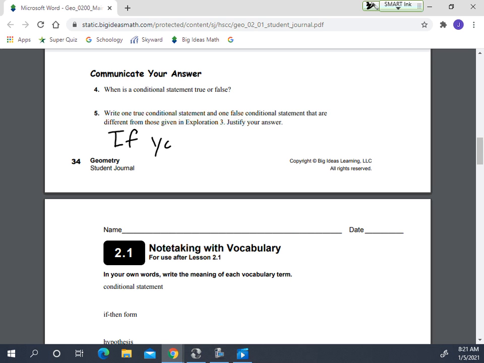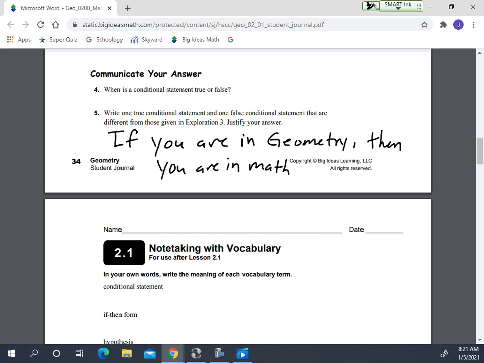If you are in geometry, then you are in math. Is that true or false? That's true, right? Geometry is math. So if you're in geometry, then you're in math. That's true.